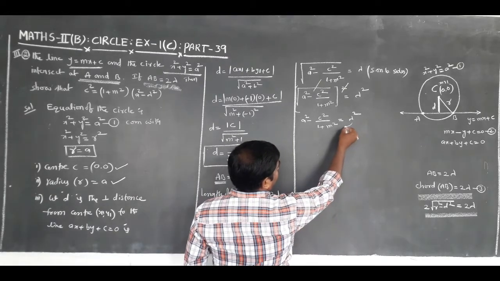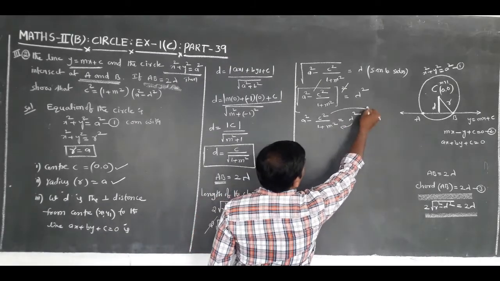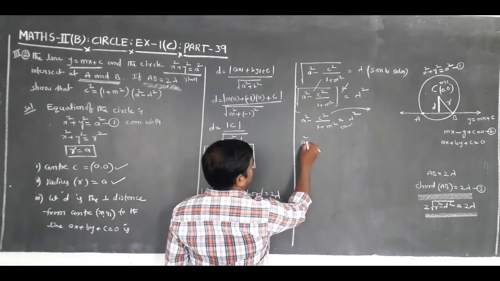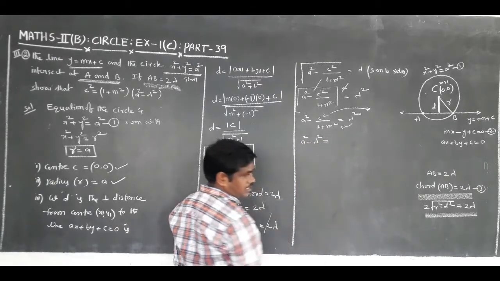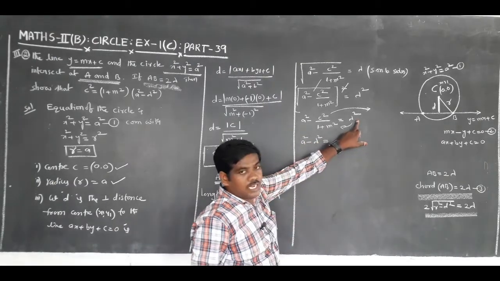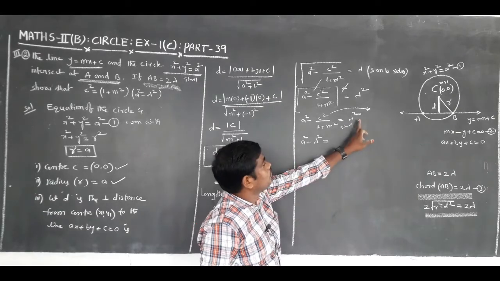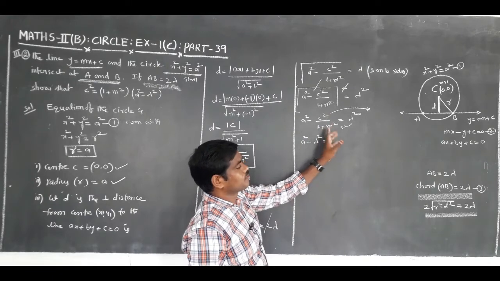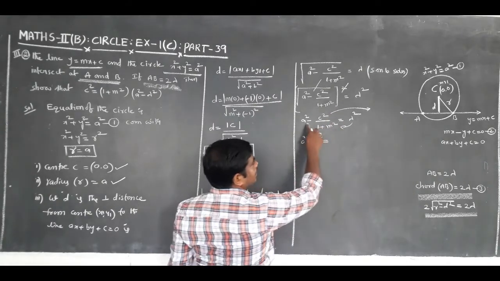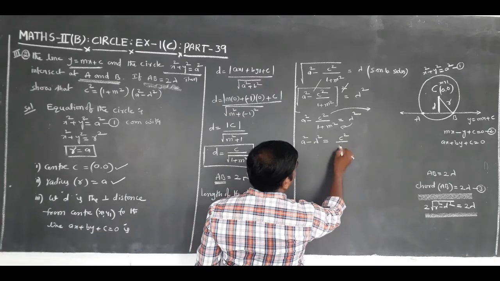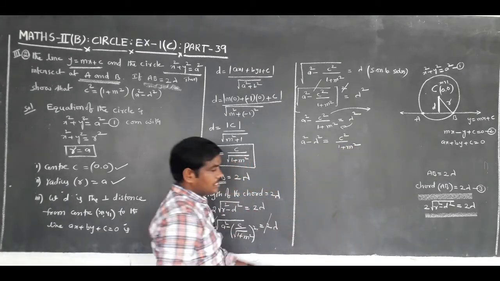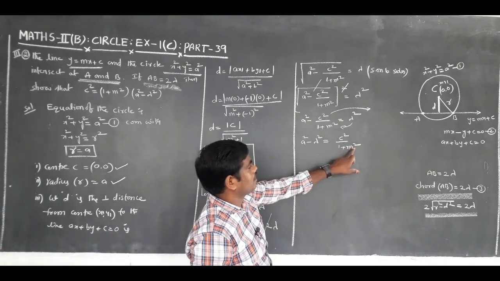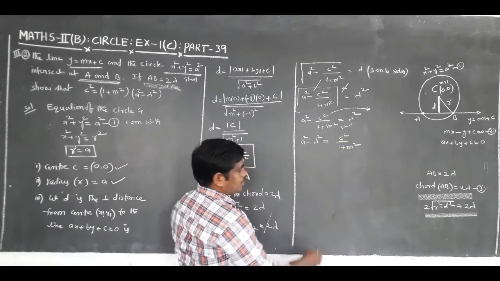Taking lambda square to the left side, and c square by 1 plus m square to the right side. Lambda square on the left side is positive, c square by 1 plus m square on the right side becomes negative. So a square minus lambda square is equal to c square by 1 plus m square.